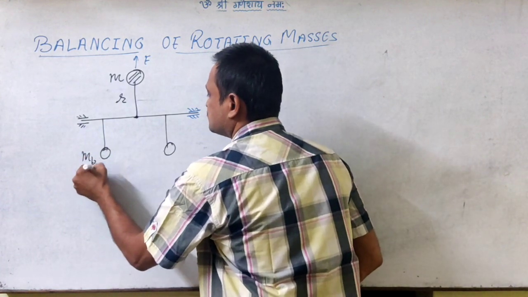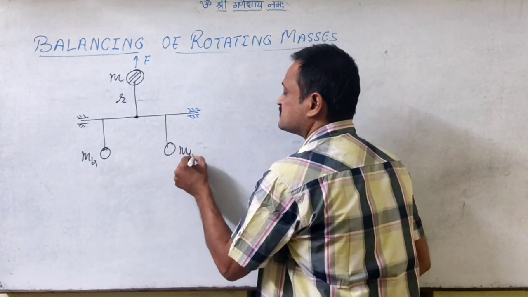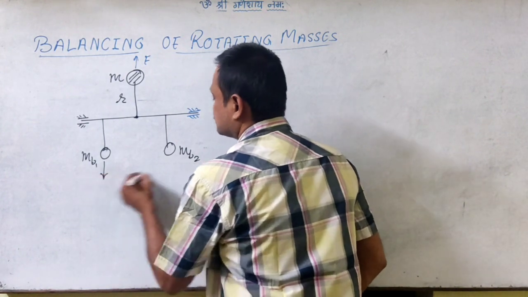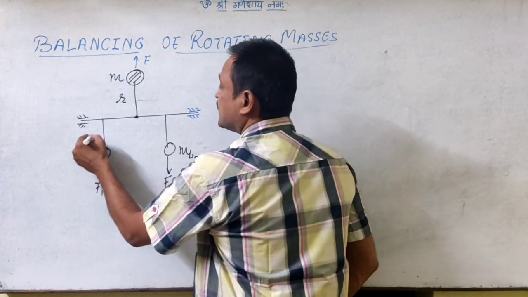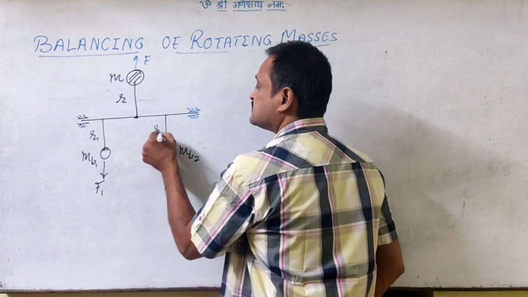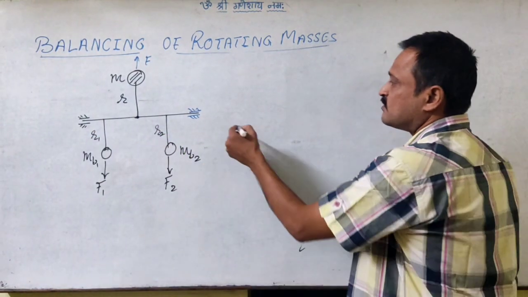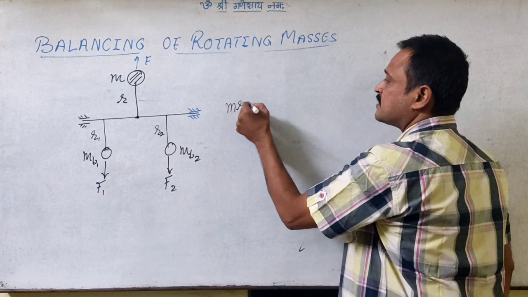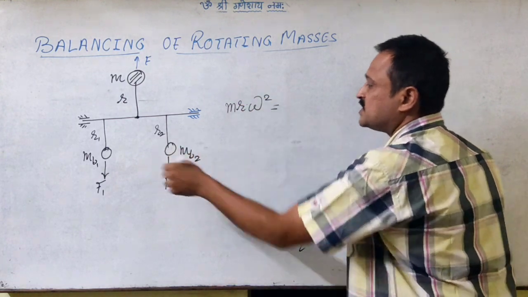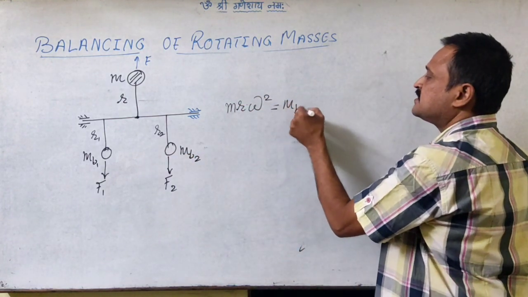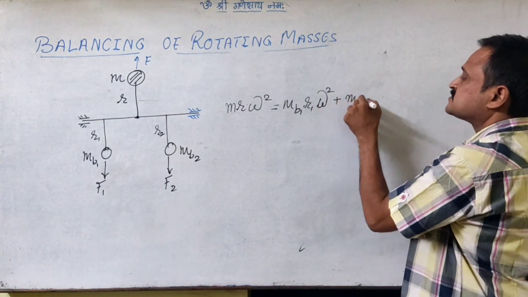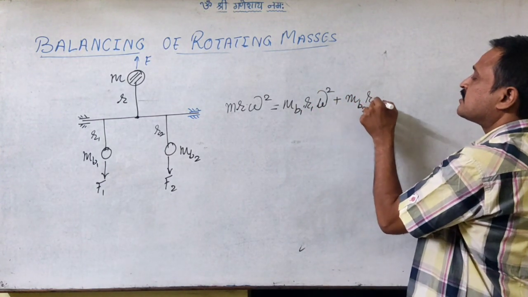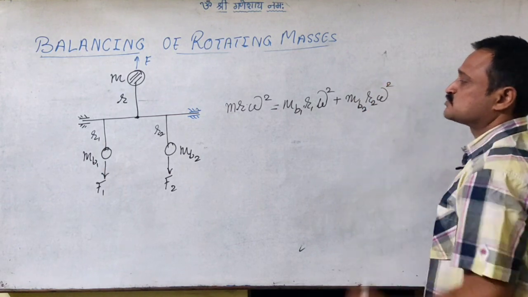Let us say balancing mass 1 and balancing mass 2, giving F1 and F2, with this at R1 and this at R2. So we want m R omega square to be equal to mv1 R1 omega square plus mv2 R2 omega square.